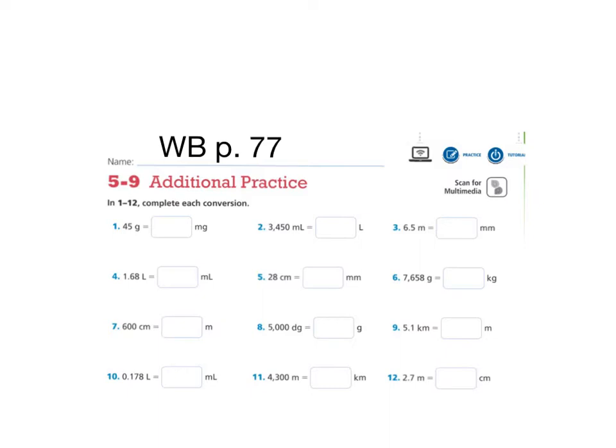If we look at workbook page 77, we're just going to go through some problems. Like I said, some of this stuff we're doing at the beginning here is going to be our main focus in this section, just converting these units. So again, what I would do is start out with your phrase and get that all written out: King Henry died by drinking chocolate milk.